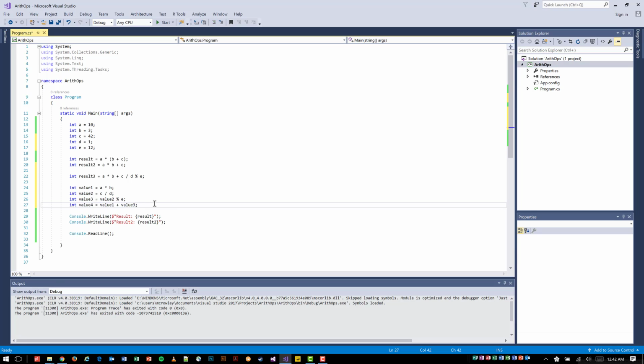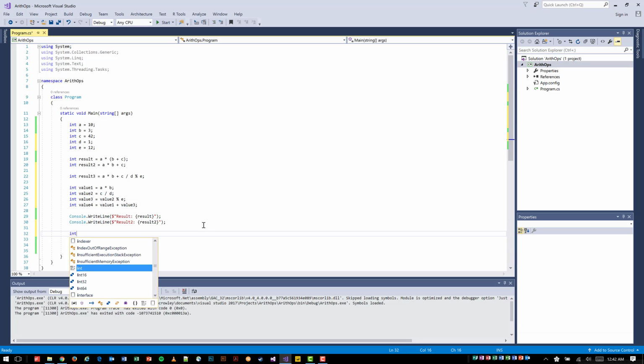If you have nested parentheses, meaning parentheses within parentheses, the inner parentheses are evaluated first before the outer parentheses. So here, we'll write another line, int parens equals 1 plus 2 divided by 3 plus 4.